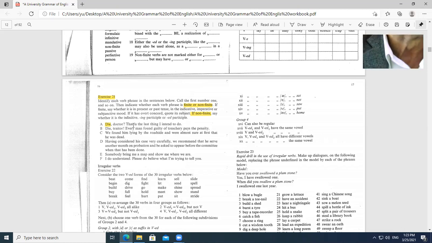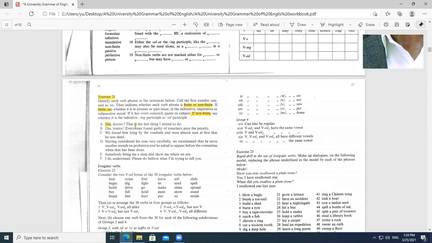The second verb is "is". Is it finite? Yes, because it has tense, present. So we say it is finite. Then we say whether it is in present or past tense, and whether it is indicative, imperative or subjunctive mood. So here, finite, present. Is it indicative, imperative or subjunctive mood?